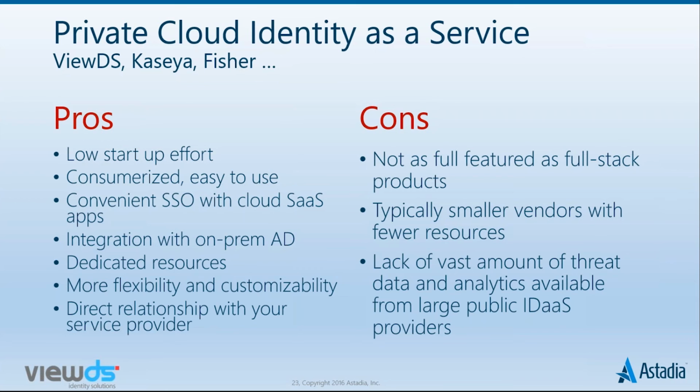Private cloud identity as a service basically takes the same web-focused identity services that are offered by public cloud identity as a service providers and delivers them in a private cloud environment. So there are a few vendors in this space, ViewDS being one of them.